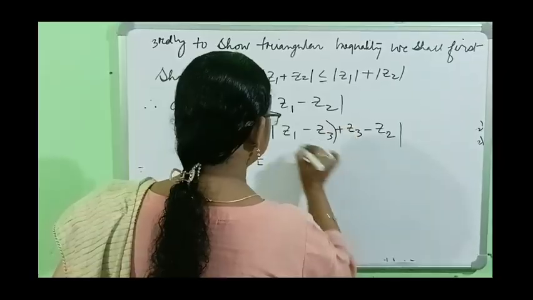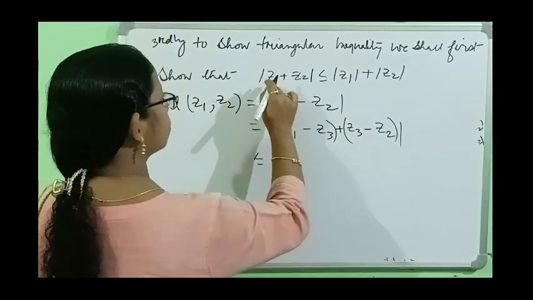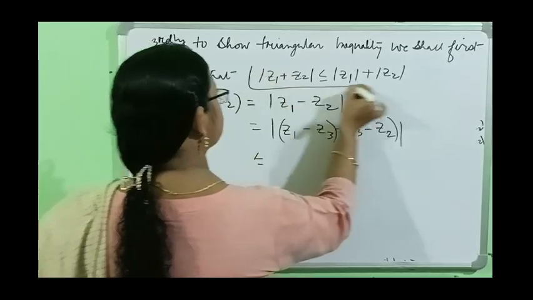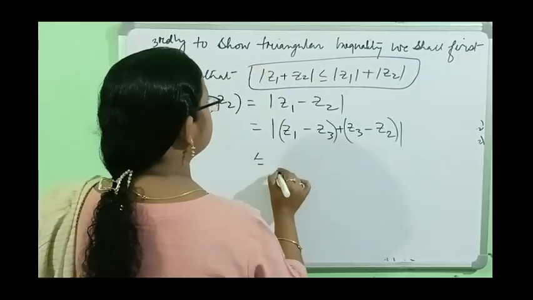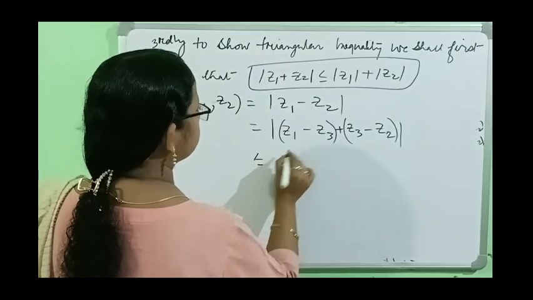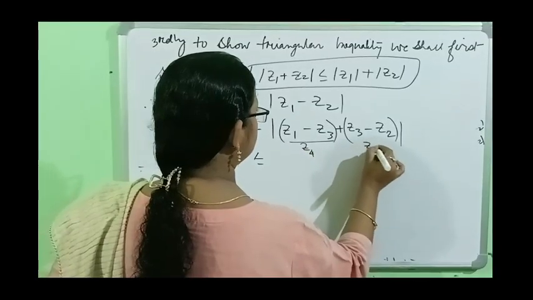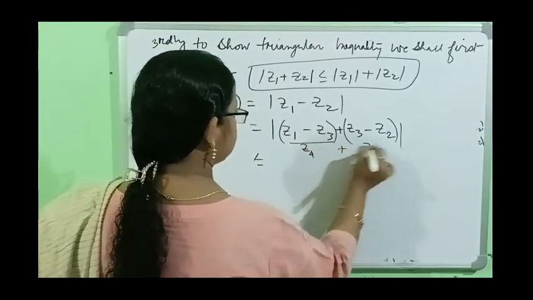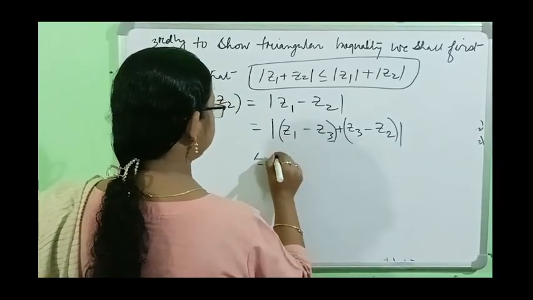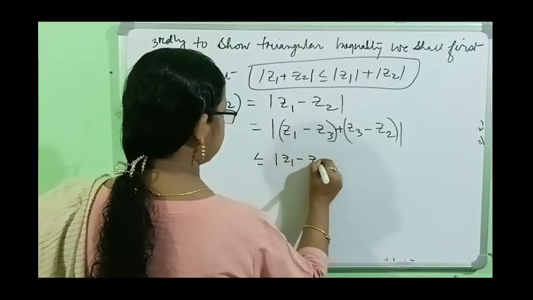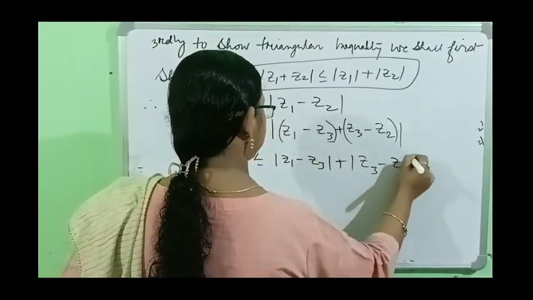Now I will rearrange the terms in the next step, then use the property of modulus, that we have just proved. From this property, this is one complex number z4 and this is another complex number z5. So using this property, I will get modulus of z1 minus z3 plus z3 minus z2.